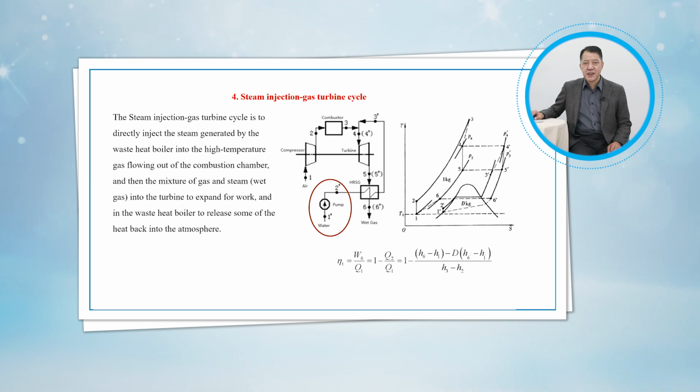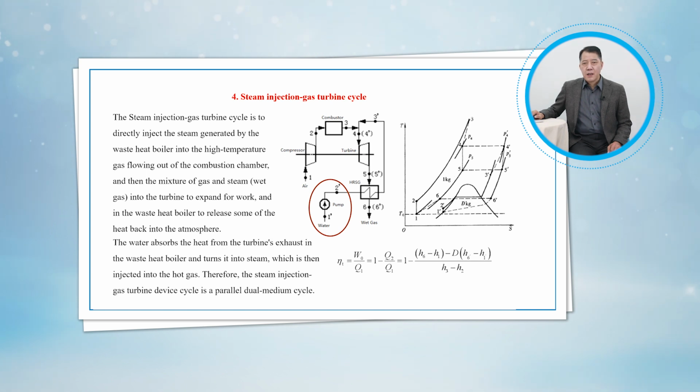The steam injection gas turbine cycle is to directly inject the steam generated in the waste heat boiler into the high temperature gas flowing out of the combustion chamber, and then the mixture of gas and steam enters into the turbine to expand for work, and then into the waste heat boiler to release some of the heat before being discharged into the atmosphere.